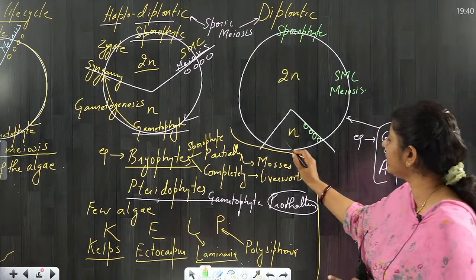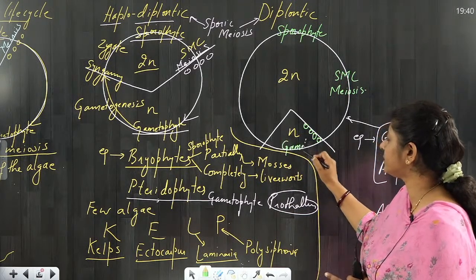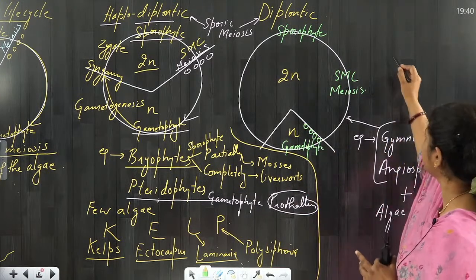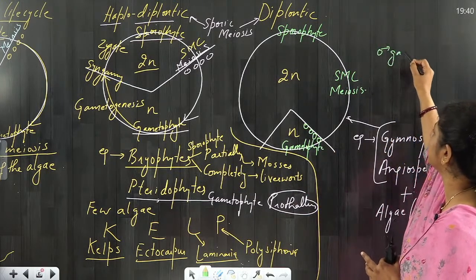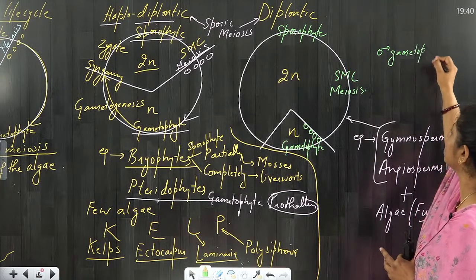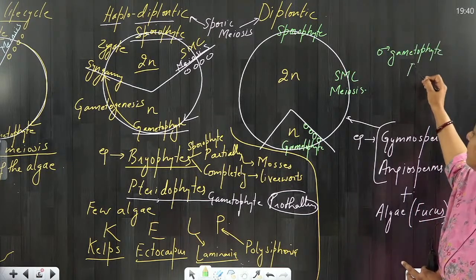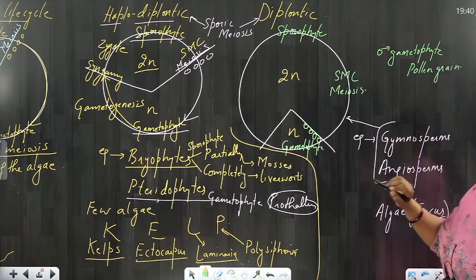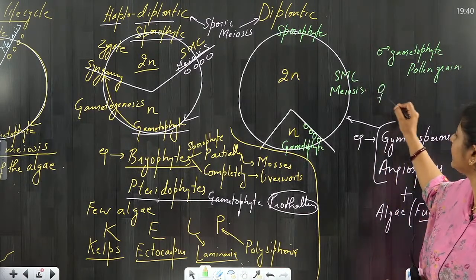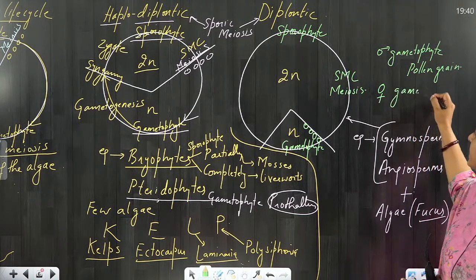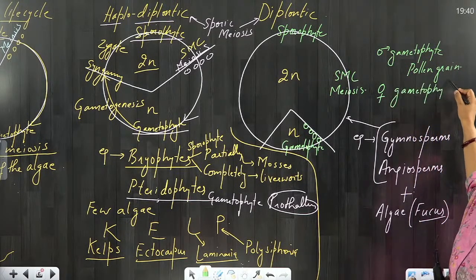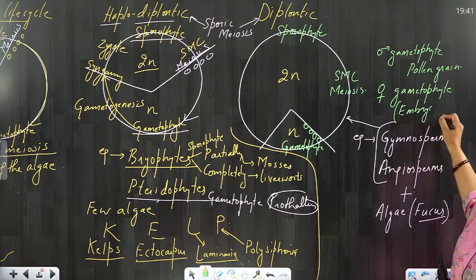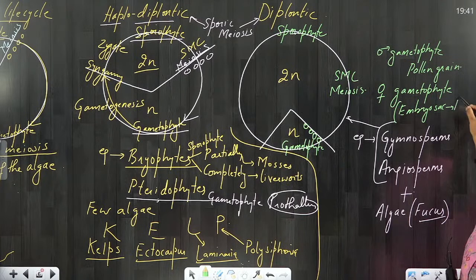If I say male gametophyte, you call it a pollen grain, both in gymnosperms and angiosperms. The female gametophyte you call an embryo sac only in angiosperms.